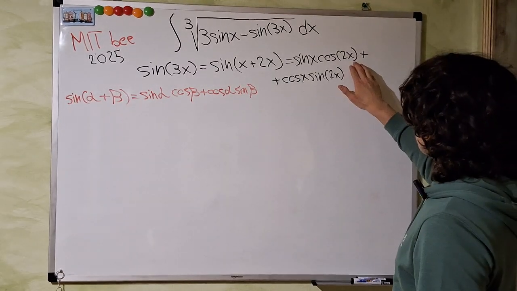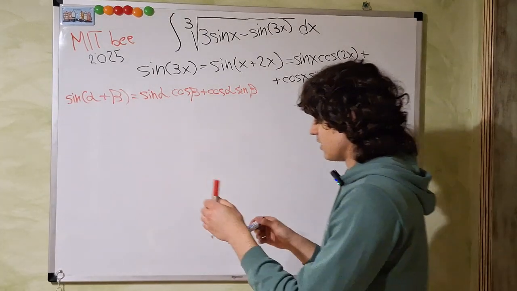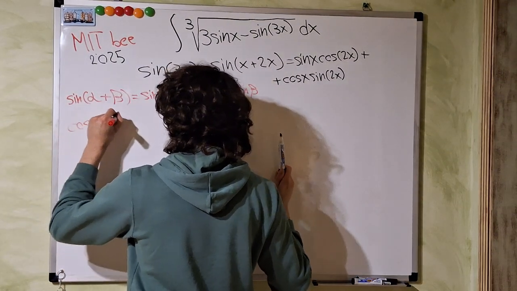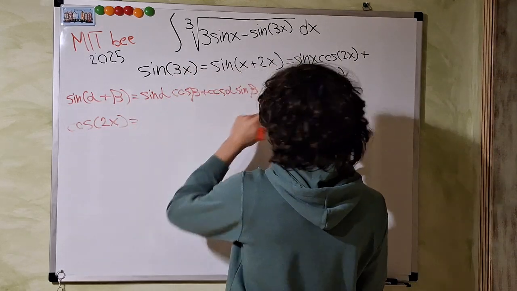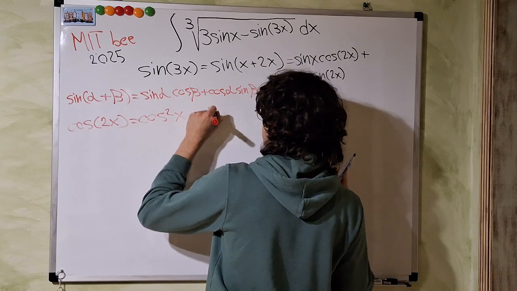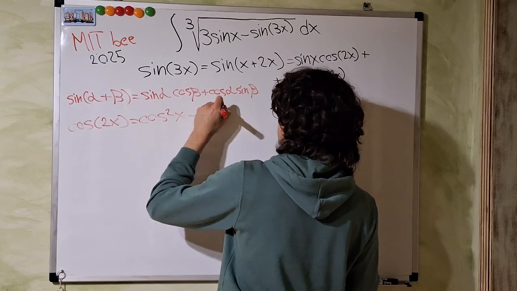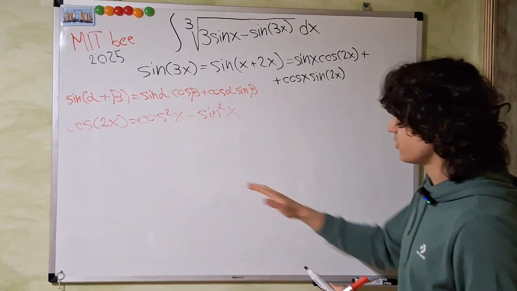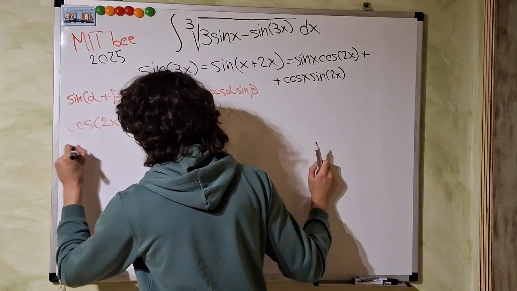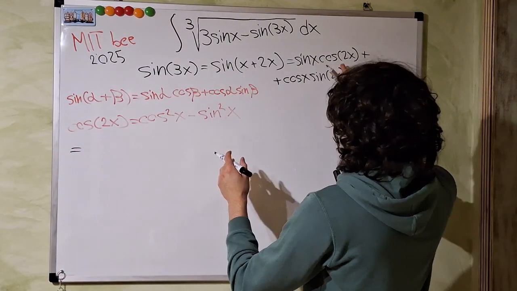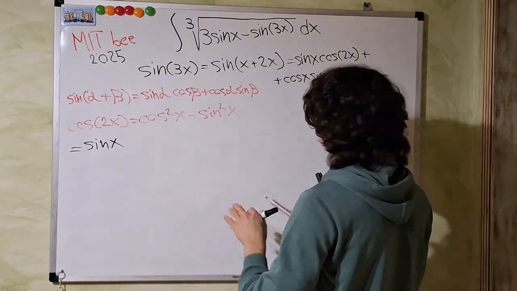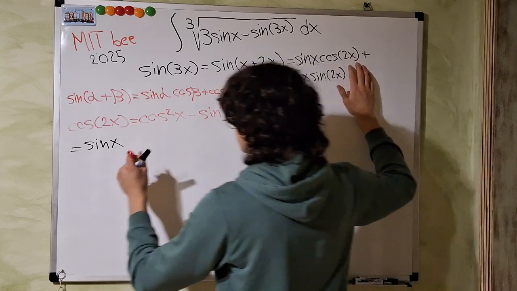So this is something we're doing. And we can also do it for the cosine of 2x. The cosine of 2x equals the cosine squared of x minus the sine squared of x. So we're also using this identity here. So let's go ahead and do the following. Sine of x, don't forget to multiply it by cosine of 2x.